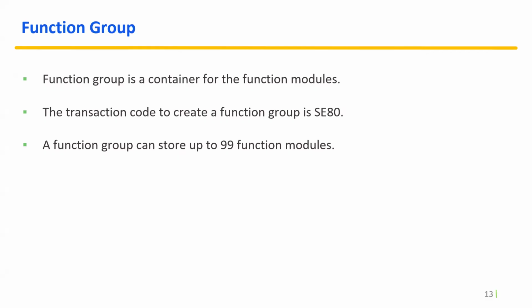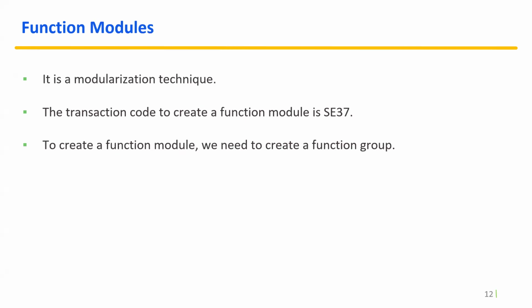And to create this function group, we have a transaction code, that is SE80. Function module is one of the modularization techniques. This can be created using the SE37 transaction code. Before we create a function module, we have to create a function group. This is a prerequisite.